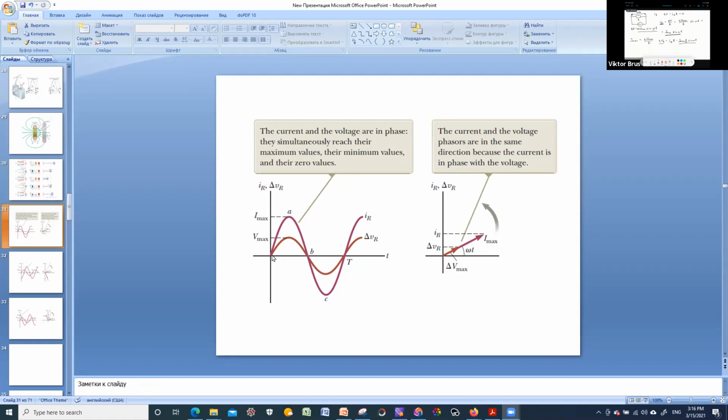However, if we deal with the Joule heat dissipated at an active resistor in the alternating current circuit, that will not be 0. There will be some average value, because we deal with the square of electric current, and it never goes negative.